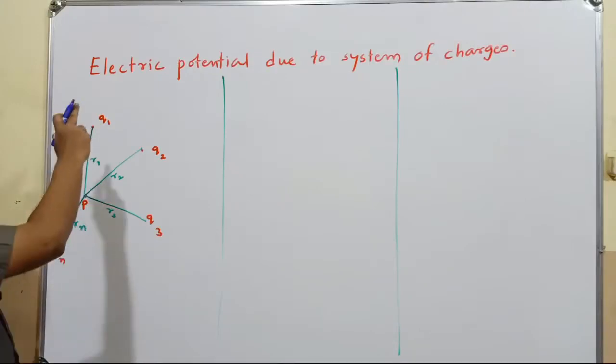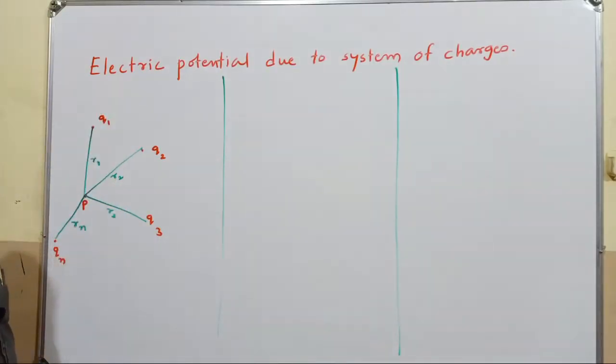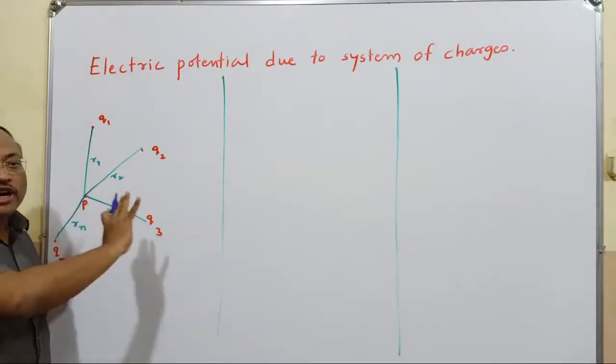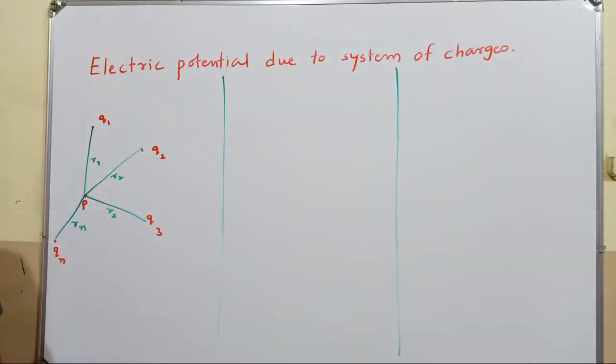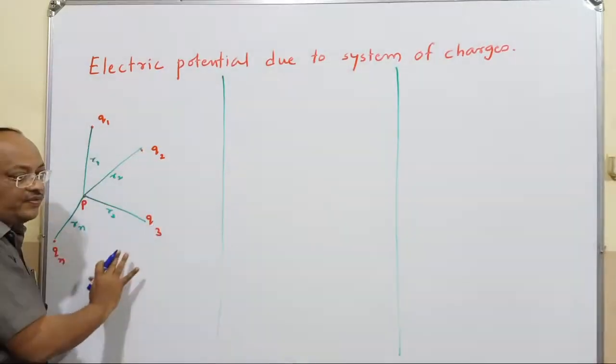But electric potential is a scalar quantity. Because of that, there is no need of vector addition; normal scalar algebraic addition is sufficient here.